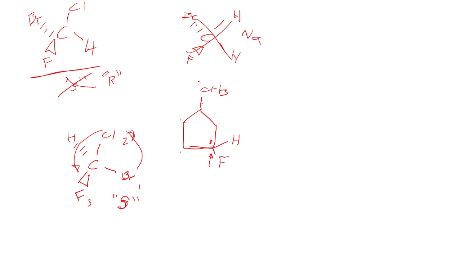Yes, this is a tetrahedral shape. All carbons with 4 things on them are tetrahedral. The easy way to deal with this is to rewrite this carbon. So we have a carbon right there. In the ring, we can look down this bond very easily, can't we?